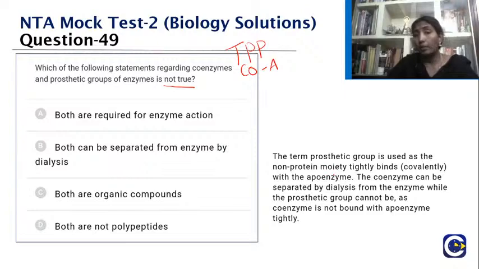What I am trying to explain is that the prosthetic group of the enzyme will be binding very tightly with the apoenzyme, the protein part. The coenzyme can be easily removed by dialysis, while the prosthetic part cannot. Here they have given it the opposite way, so this is the wrong one which they have given.